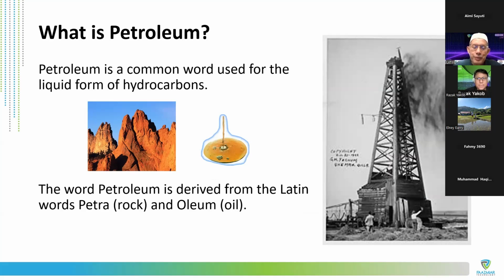Petroleum comes from Latin because most people in the world, even in Europe, used Latin as the basic language to come up with terms, since they could communicate with one another across different dialects using Latin as their basic words. So petroleum is rock and oil.